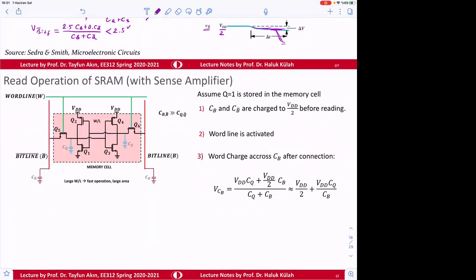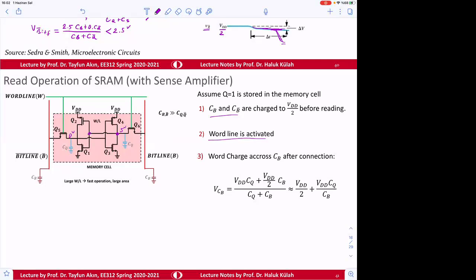So in summary, any stored data, let's say you have 5 volt here and then 0 volt here, is going to be read. Before everything else, both bit lines are put at VDD divided by 2. This is convenient. Some people select some other numbers, but this is a convenient number.